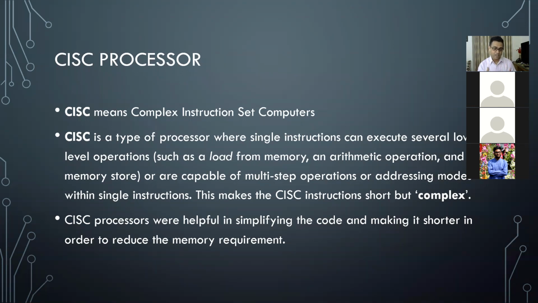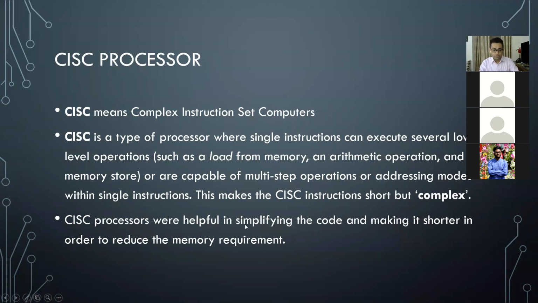It is easier for us to write just one line, but it's not easy for the system to execute it. That's why they call it complex. I hope you understand why it is called complex instruction set computers: the way we write and design our assembly language is short, but it is complex for the system. Okay, so now let's proceed.